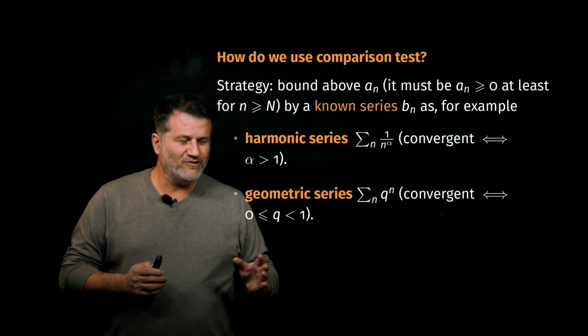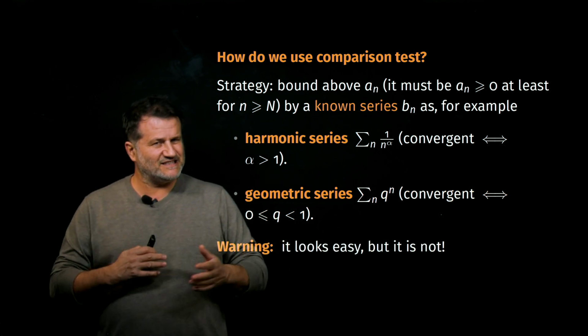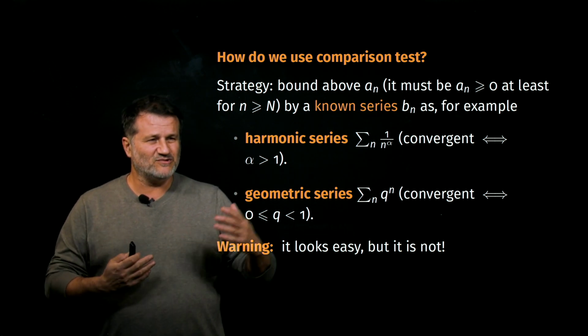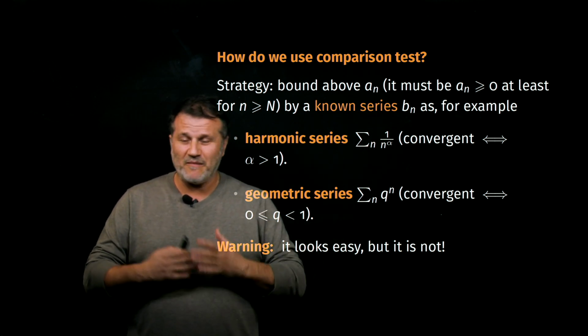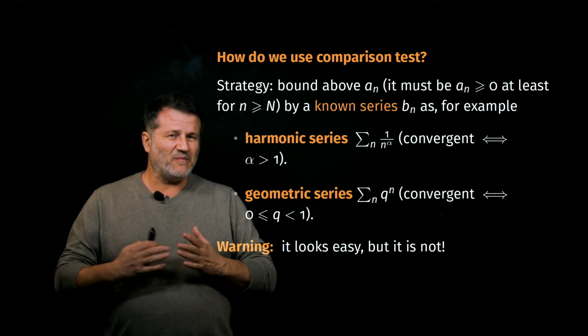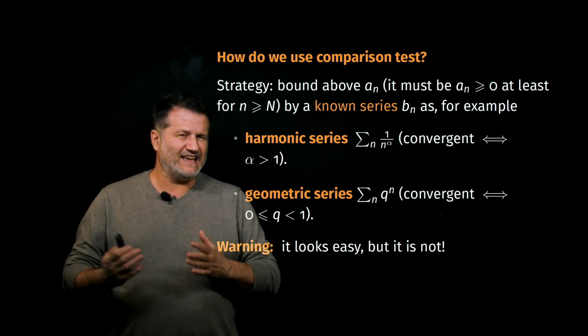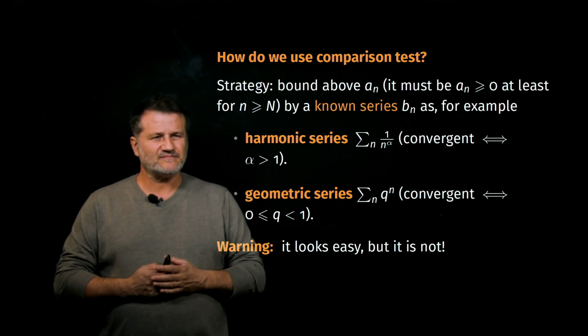We have to be careful because it looks easy, but it is not easy at all, in the sense that it is easy to bound from above some a_n, but the problem is that we may get a divergent dominant, and in that case it is completely useless.